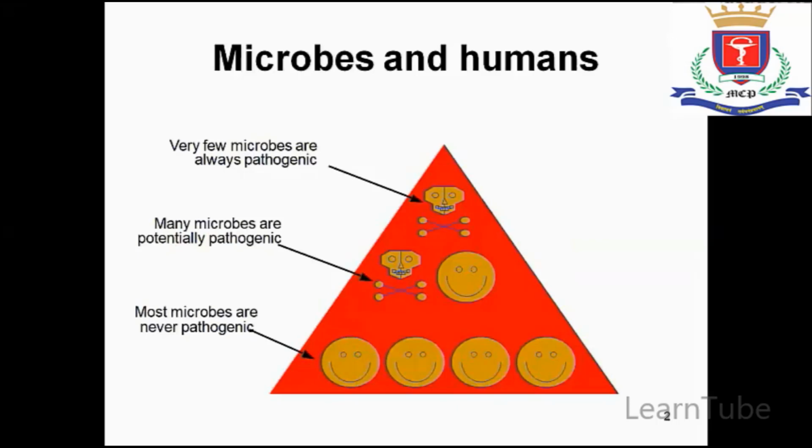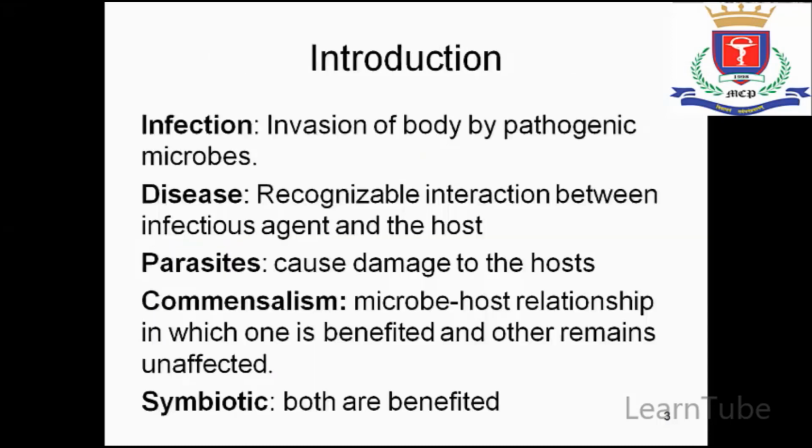The base of the pyramid contains microbes which are very less pathogenic or not pathogenic at all. That is all the natural flora present on human skin or in the human intestine, like E. coli. Those microbes come under the class of non-pathogenic, and they form the majority.